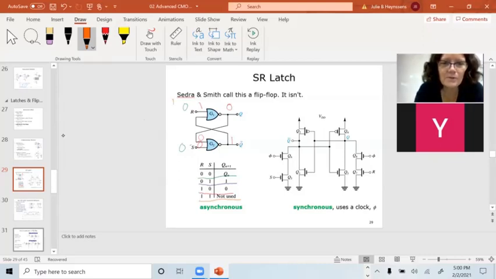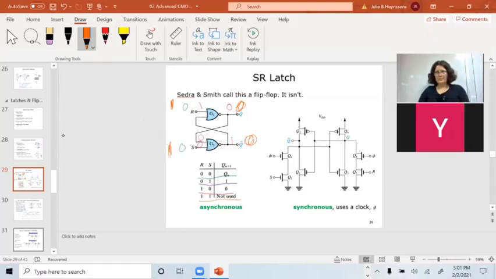If I put both of these signals high, then when this one's high, 1 or anything is 1, which makes this low. And 1 or anything is 1, which makes this low. You come up with an illogical state.